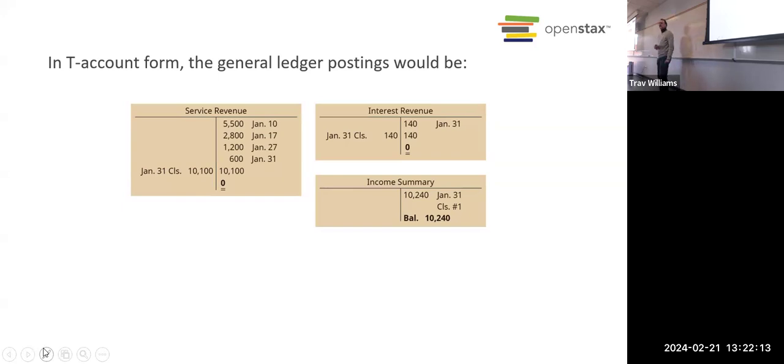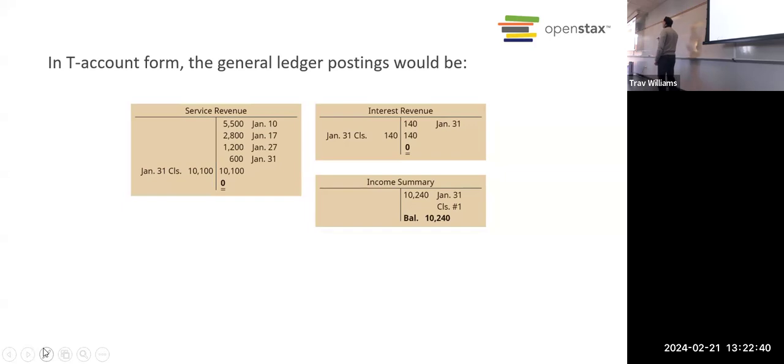That's how it works, right? When you have something in the opposite column, you subtract that amount to get your balance. Same thing we can see over here. The company had earned $140 of revenue from interest. Apparently they had made a loan to somebody and they earned interest on that loan. And now we are closing out that account with a debit, getting the account down to 0.